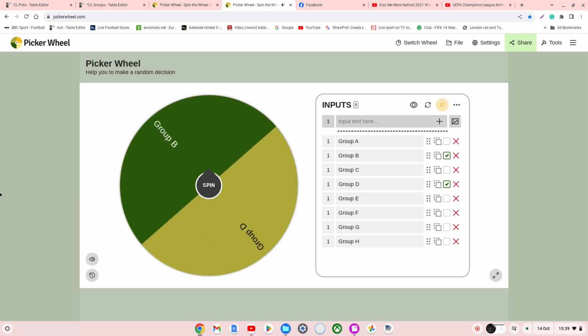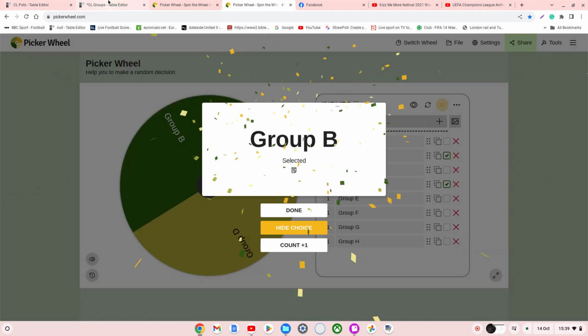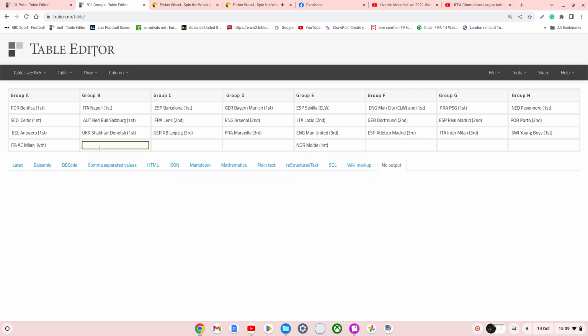And it's going to be B. They will be in Group B, and they will be facing Shakhtar Donetsk, RB Salzburg, and Napoli. Just making sure that is correct. Yep, that is correct.